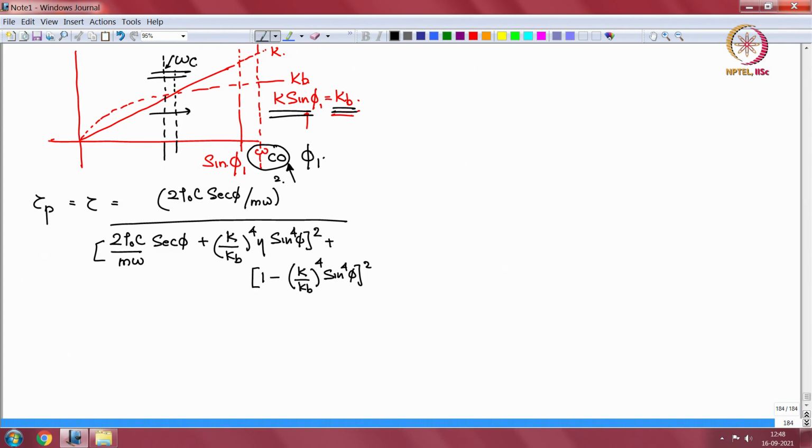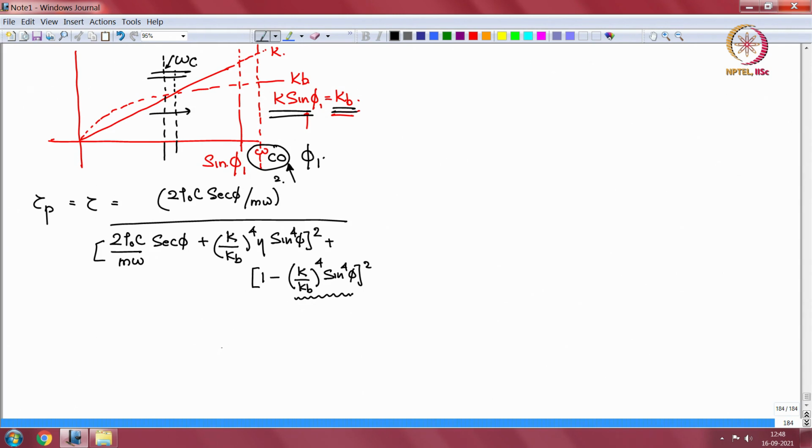Now we are going to talk of low frequency, which means below the possible coincidence at a certain phi angle. So what happens then? That means this term is small, this term is small.